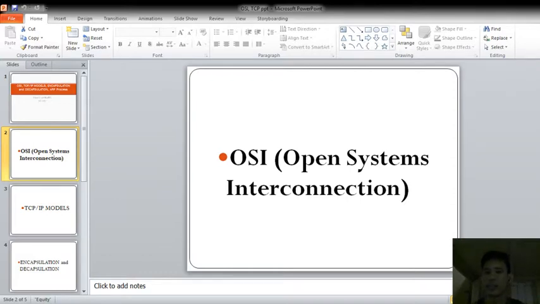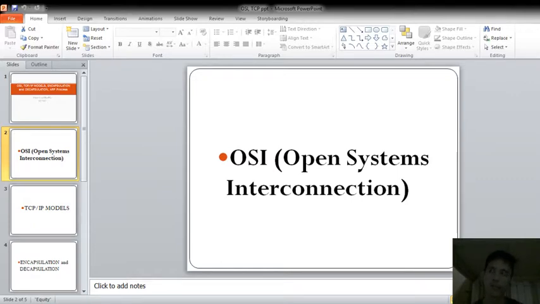The Open System Interconnection model, or the OSI model, is a conceptual model that characterizes and standardizes the communication functions of a telecommunication or computing system without regard to its underlying internal structure and technology.